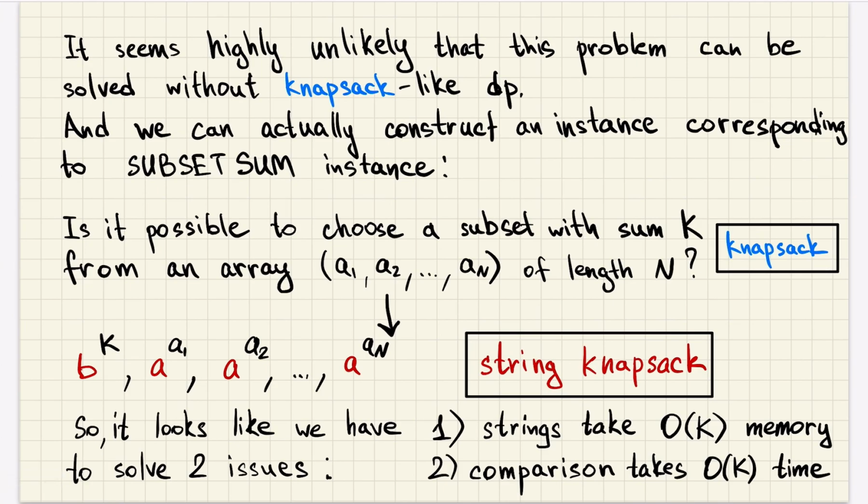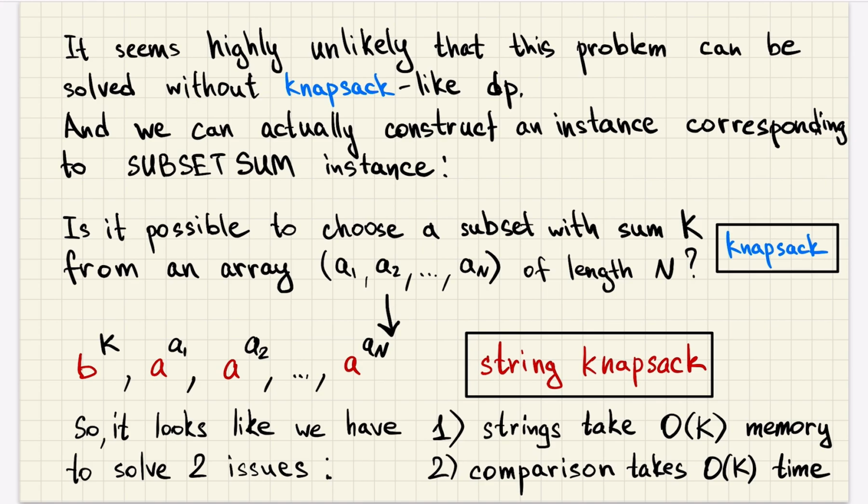But this problem looks a lot like knapsack, and when the problem looks like a harder version of some problem, probably you can't do better than the best known solution for that problem.